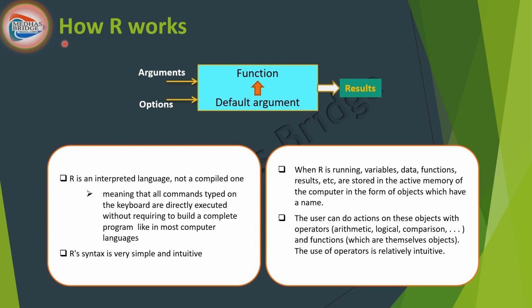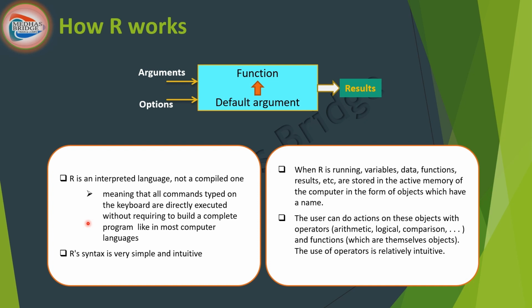How R works. R is an interpreted language, not a compiled one, meaning that all commands typed on the keyboard are directly executed without requiring you to build a complete program like in most computer programming languages. R syntax is very simple and intuitive. When R is running, the variables, data, functions and results are stored in the active memory of the computer in the form of objects which have a name.